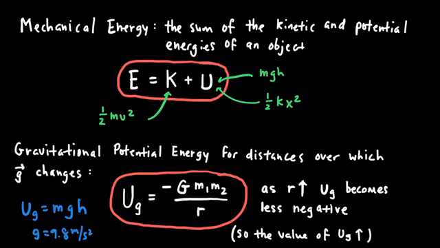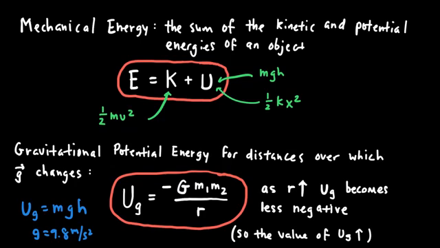As two objects get closer together, if the potential energy is becoming more negative, that means the value is decreasing. And if the potential energy is decreasing, then the kinetic energy is increasing. And that makes sense. As two objects get closer to each other, the potential energy decreases and the kinetic energy increases.